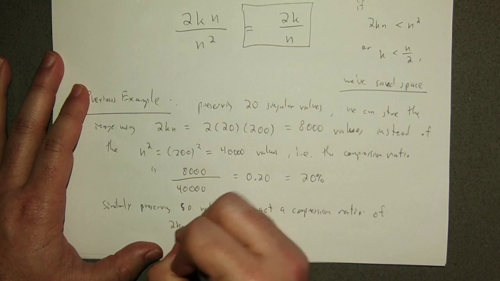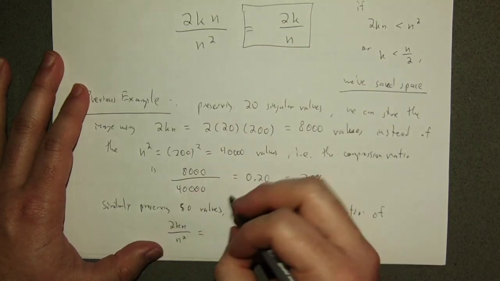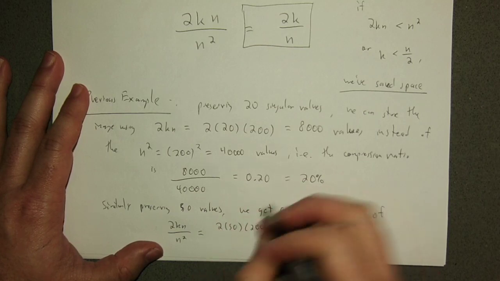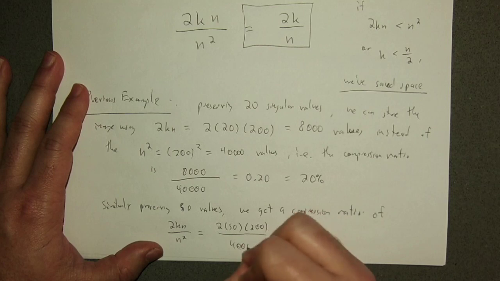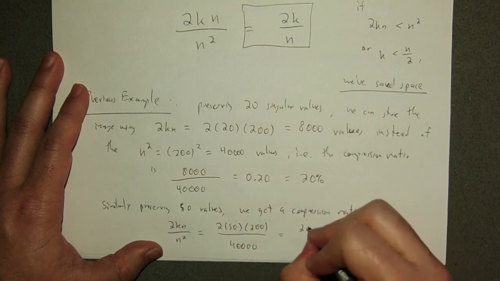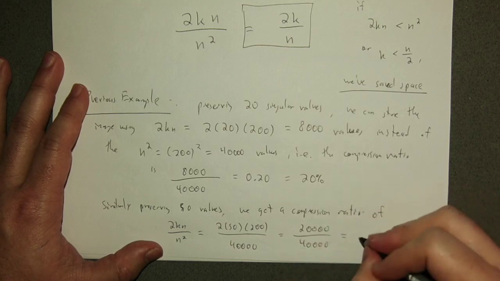So this is 2kn over n squared. So this is 2kn is 2 times 50 times 200 over 40,000. So this is 20,000 over 40,000. So 50%.